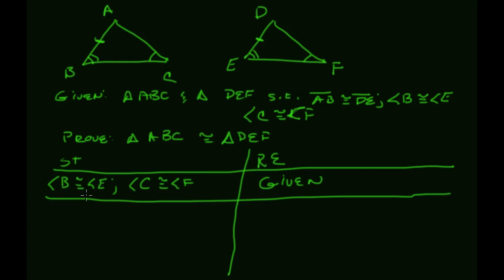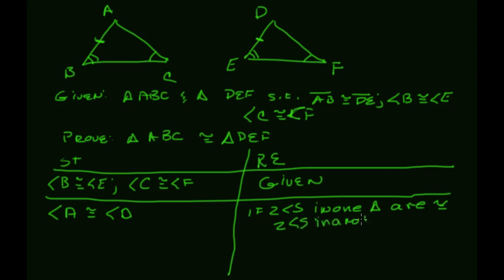Now, we have two angles in one triangle congruent to two angles in another triangle, so the third angle, angle A, has to be congruent to angle D. So if two angles in one triangle are congruent to two angles in another, then third angles are congruent.